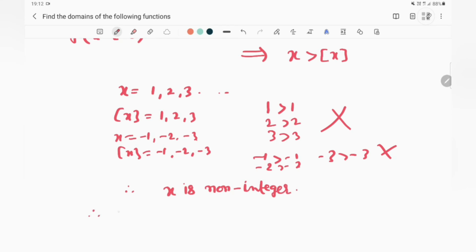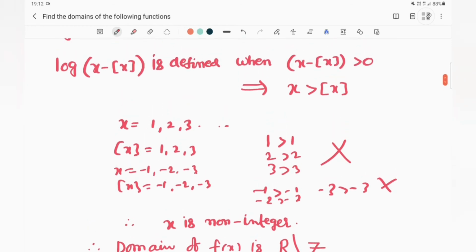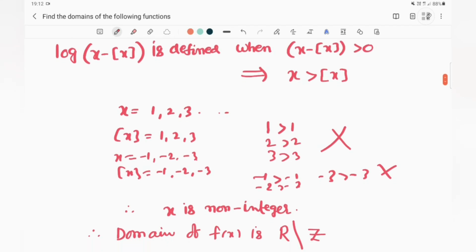Therefore, the domain of f of x is non-integer, meaning in the real number line, z is not there. So, r minus z. Like this we can write it, r minus z. So, in the real number line, z is not there, r minus z. This is the domain of the given function log of x minus step x. I hope everyone understands. We will move to the next question now.